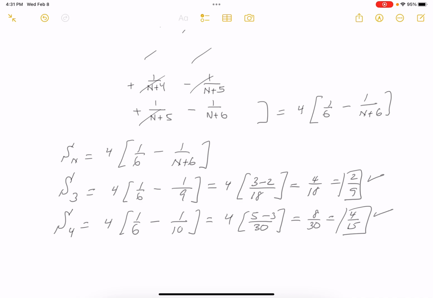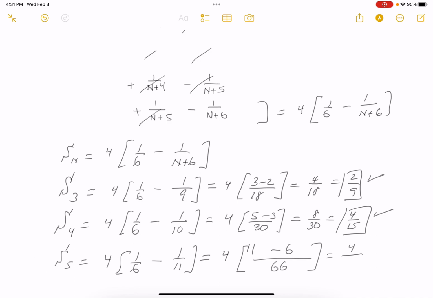And the next question, again going back over the question, is S5. Relatively simple. 4 times 1/6 minus, that's 1 over 11 now, right? A little more complicated in the arithmetic department, but still not difficult. I get 66, and then you get 11 minus 6, which is 5, over 66.